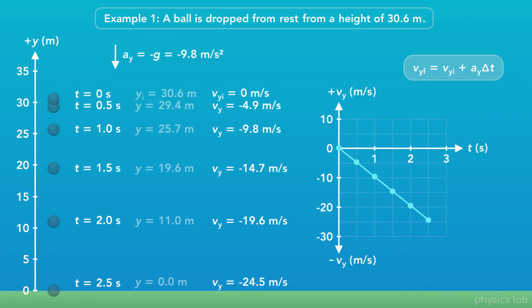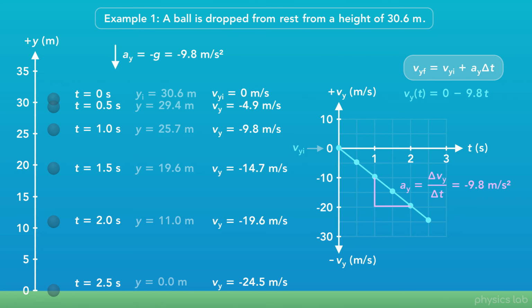This time, the graph is a straight line. The velocity starts at 0, and it has a negative slope. This is a graph of the kinematic equation we used to find the velocities, which is written here as velocity as a function of time. The y-intercept is 0, which is the initial velocity, and the slope of the velocity graph is the acceleration, the change in velocity over the change in time.